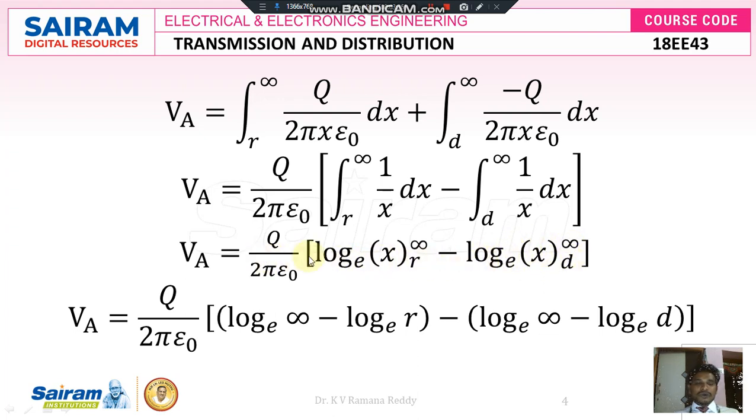The respective equation follows as VA is equal to q divided by 2 pi epsilon naught, that is log base e of infinity minus log base e of r, minus again log base e of infinity minus log base e of d.